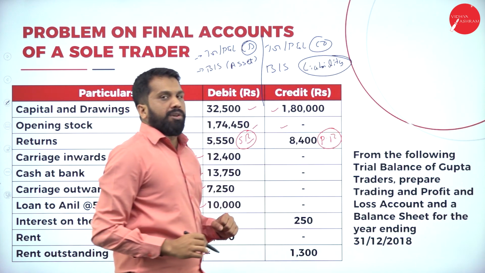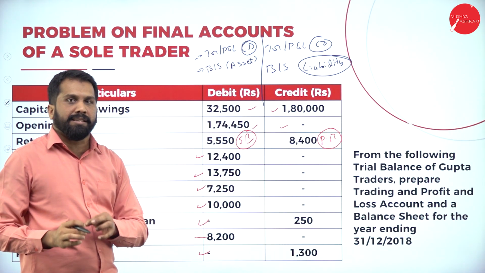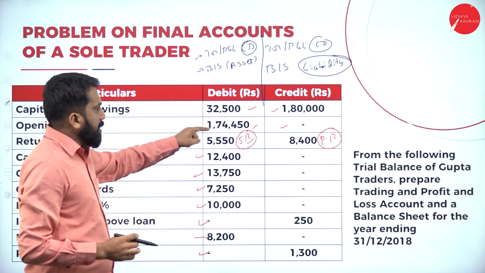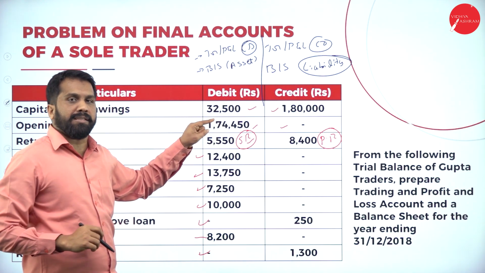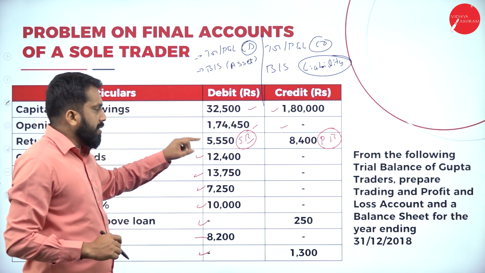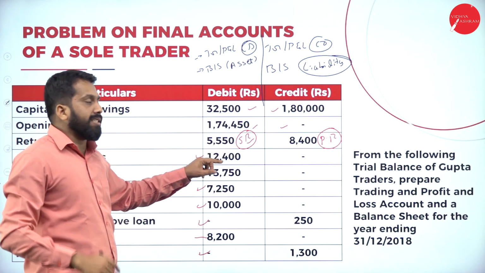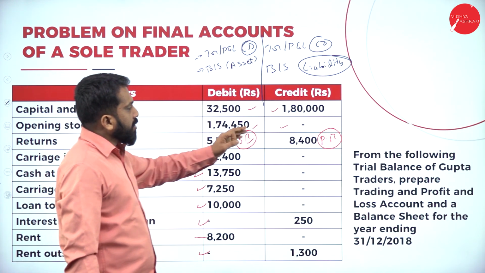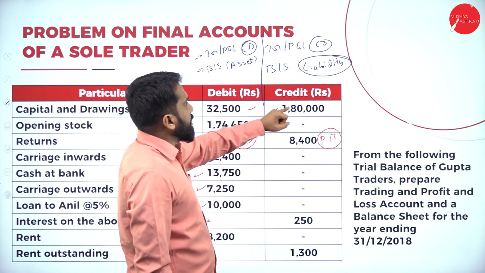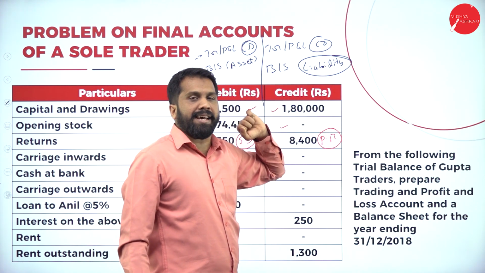These are the shortcuts. While writing your answer, remember, if in the question paper it is on the debit side, then in your answer also it should be debit. If in the question paper it is debit, then in the balance sheet the answer should be asset. If in the question paper it is credit, then in your answer also credit as well as liability.